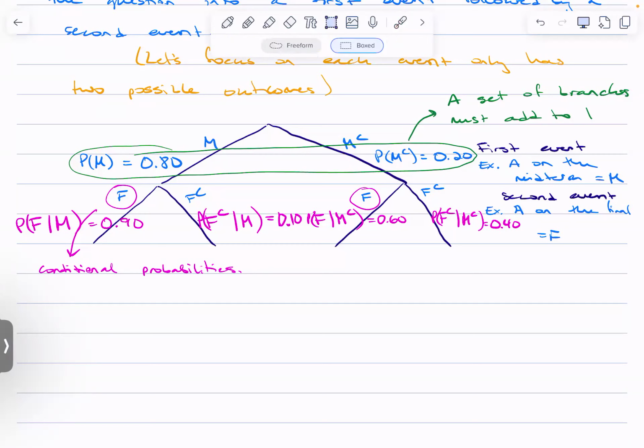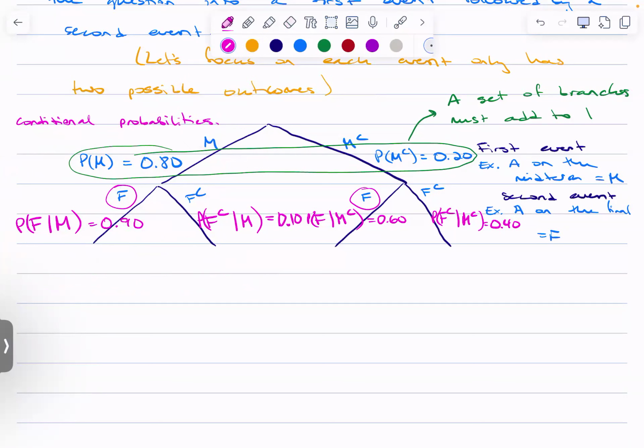And I need this space, so can I bump it up here instead? Sneaky. If I want to find what's the probability of getting an A on the midterm and on the final, how are you going to use this tree diagram?